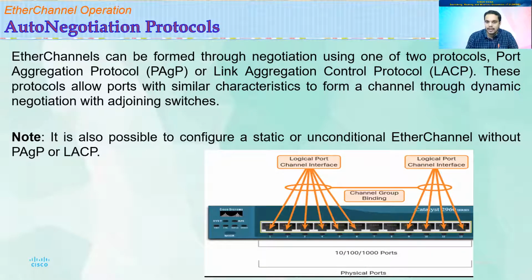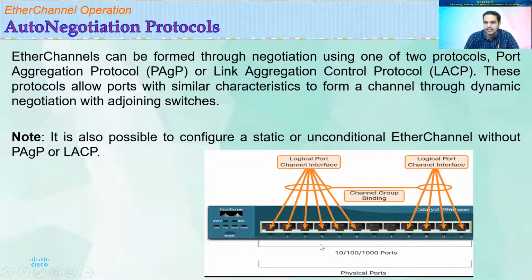If you see here, this is a switch, and there are some physical ports which I combined to create one logical port channel interface. Similarly, the ports on the other switch are combined to create another port channel interface. If I want to apply some configuration, I can directly take this interface and put a configuration on it, and it will be automatically applied to all these ports. That is what I have been trying to say.